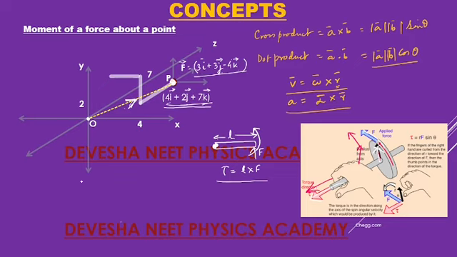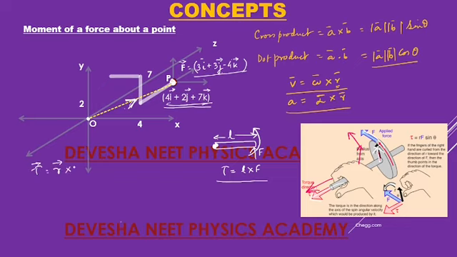So now let's see how torque will be computed. Torque, as we said, is equal to R cross the force. So we have the three vectors i, j, k.